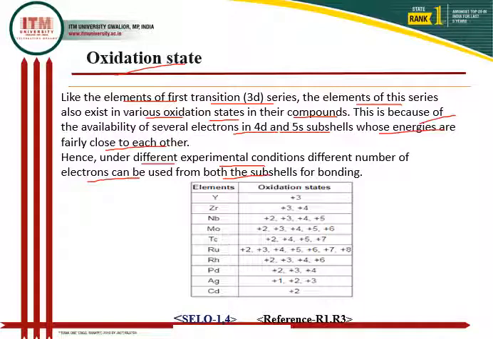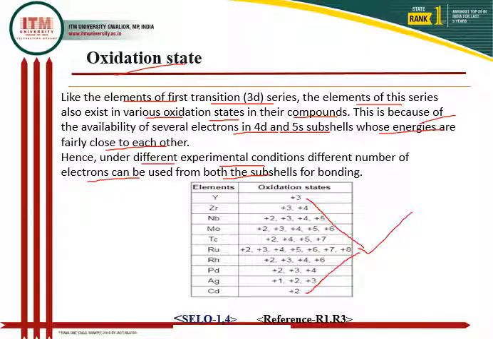You can see the oxidation states here for the second transition series, and the oxidation state goes on increasing up to the middle element, likewise in the 3d series. So the oxidation state increases from left to the middle element, and then it starts decreasing.